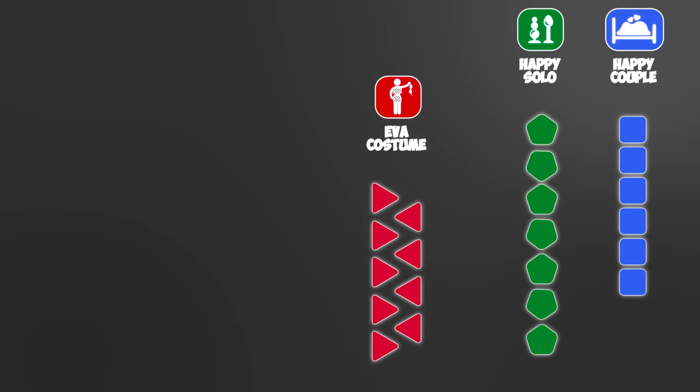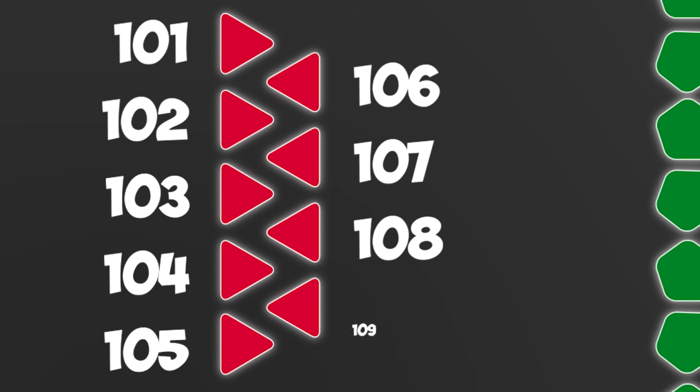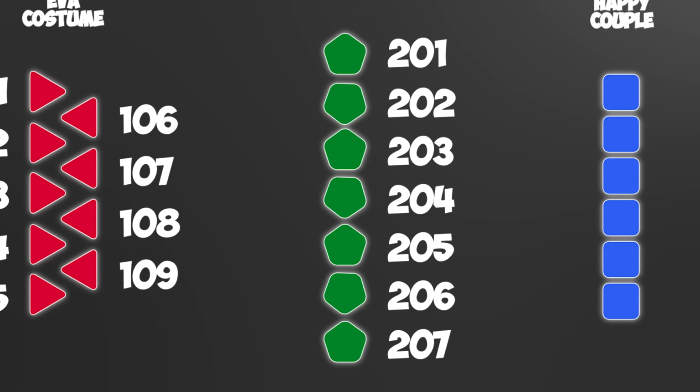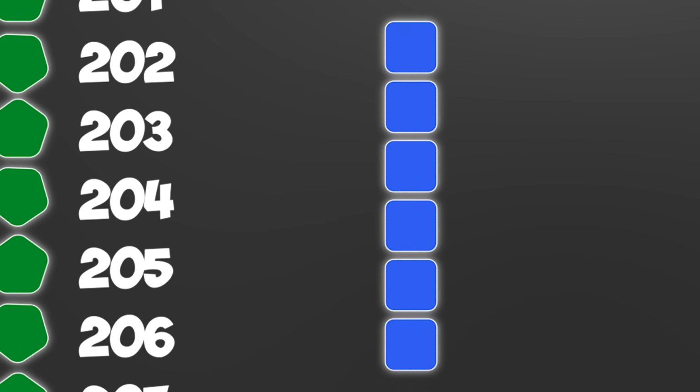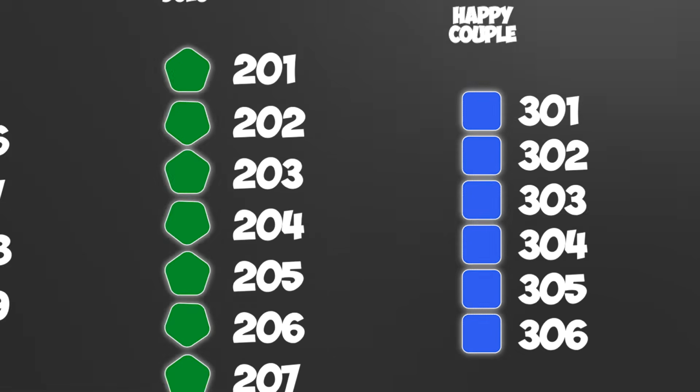Your Eve costume videos will be named with a number between 101 and 199. Your happy solo videos, on the other hand, will be named between 201 and 299. And your happy couple videos will be named between 301 and 399.